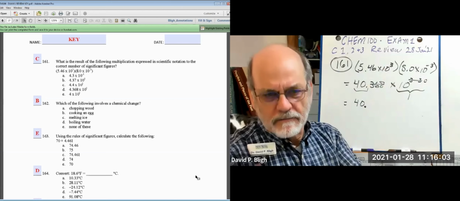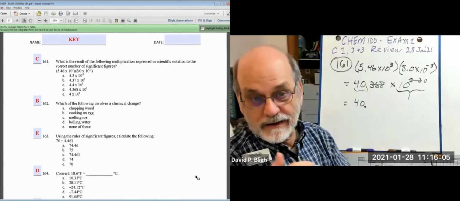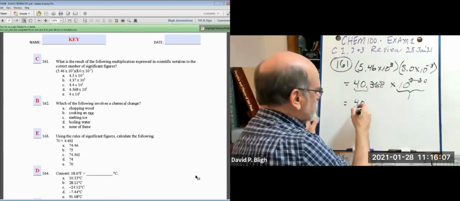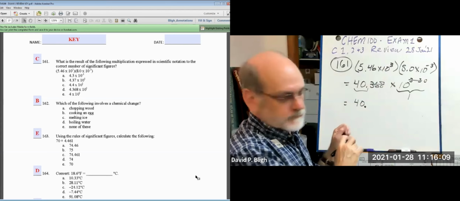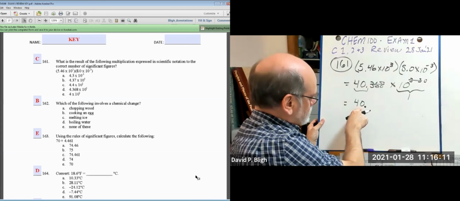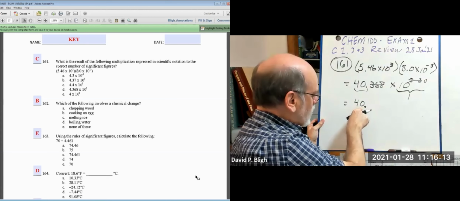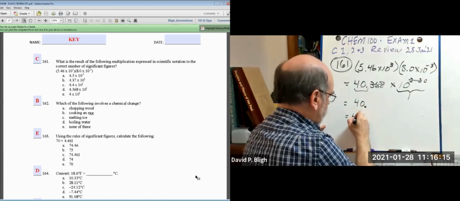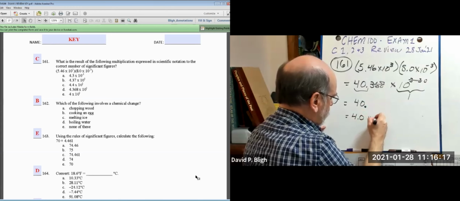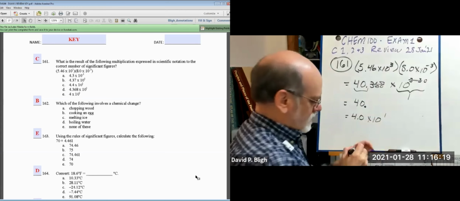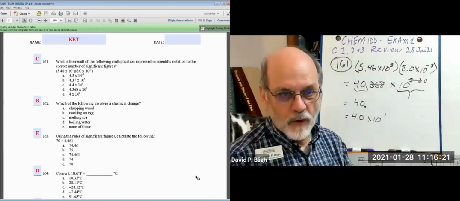Well, the answer is in scientific notation, so we move the decimal place over 1. There, 4.0.